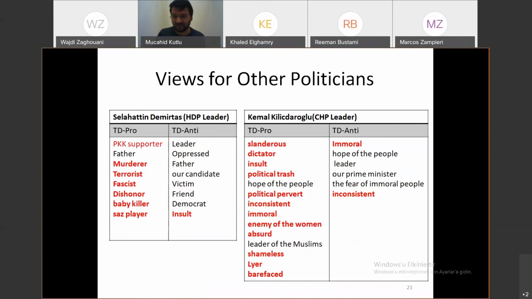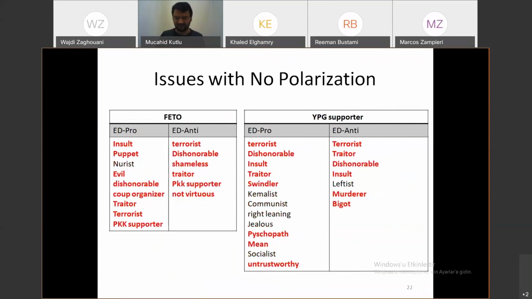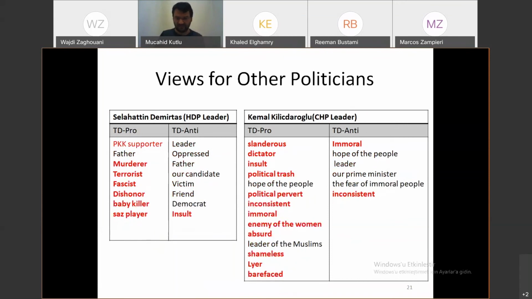And what about, for example, the other secular party leader, Kemal Kılıçdaroğlu? Again, when you look at the pro-Erdogan group, I don't want to read them aloud, but you can see lots of words with negative sentiment. But in the anti-group, you see also some positive ones, like hope of the people, our prime minister, the fear of the immoral people.